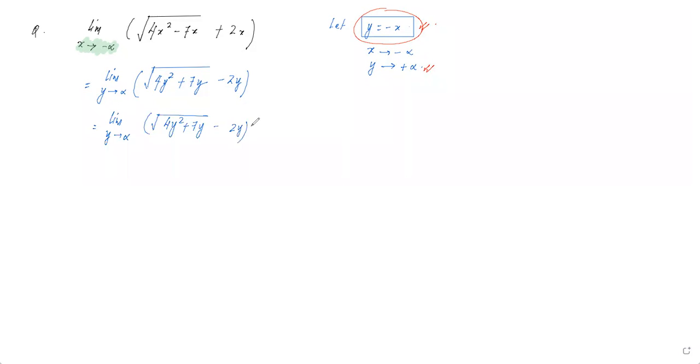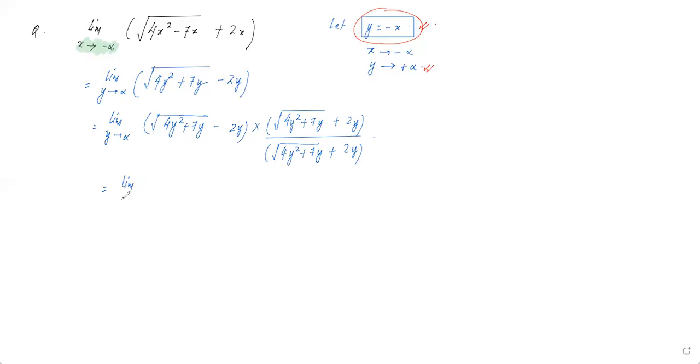This is the original question given to us. हम इसके conjugate से multiply करते हैं. So this is square root of 4y square plus 7y plus 2y, and the same factor in the denominator, square root of 4y square plus 7y plus 2y.